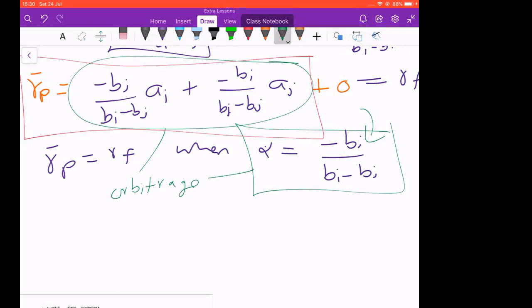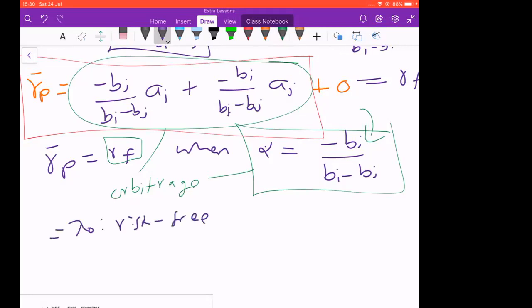So anyway, instead of writing it as RF, they used lambda 0 to denote a risk-free return. So they basically use lambda 0 to describe a risk-free return.